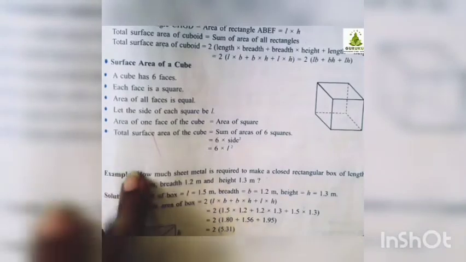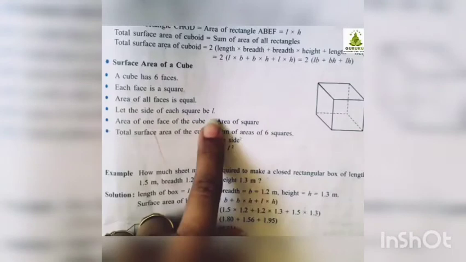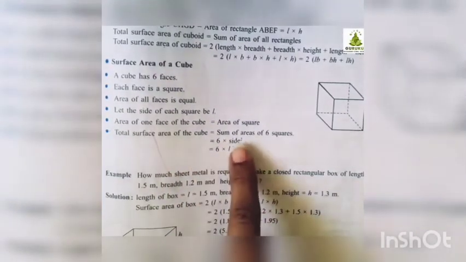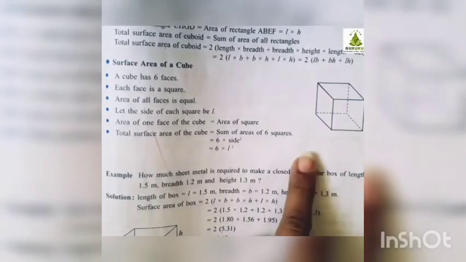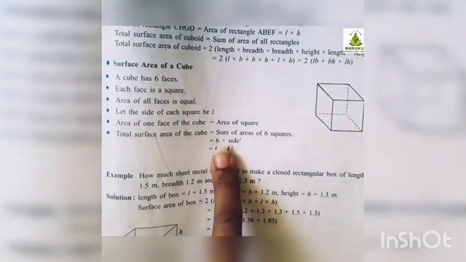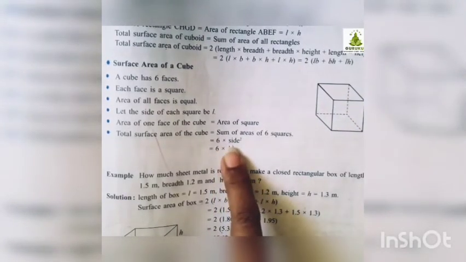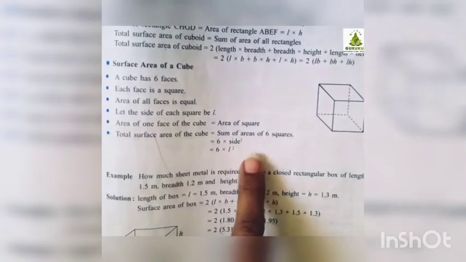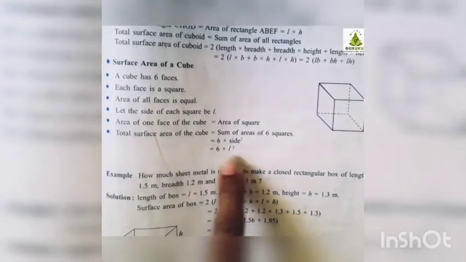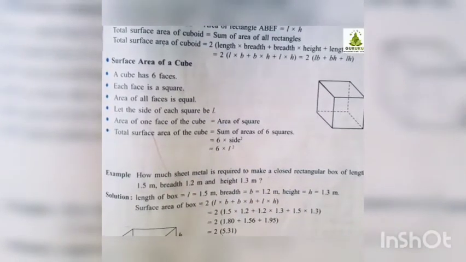Therefore, how can we write down the formula for this? If the side of each square is L, then the total surface area of the cube is equal to the sum of the areas of 6 squares, so 6 into bracket side square. The formula for the area of a square is side square. So 6 into side square, or 6 into L square, is the formula for the total surface area of a cube.